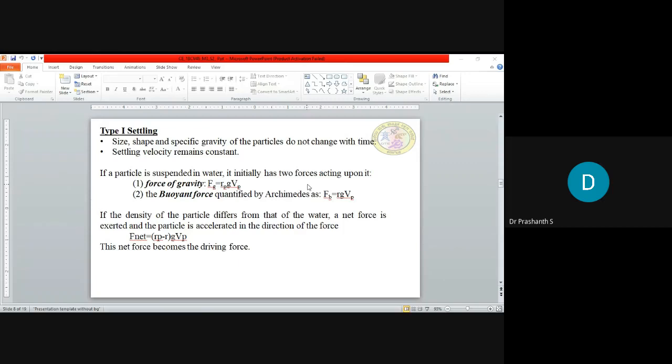It is also lifting it up. So force of gravity, I've taken it as rho p g Vp, and buoyant force is rho g Vp. If you take the resultant force, F net is (rho p minus rho) g Vp. This net force becomes the driving force. So net force is going to pull the particle in the downward direction.